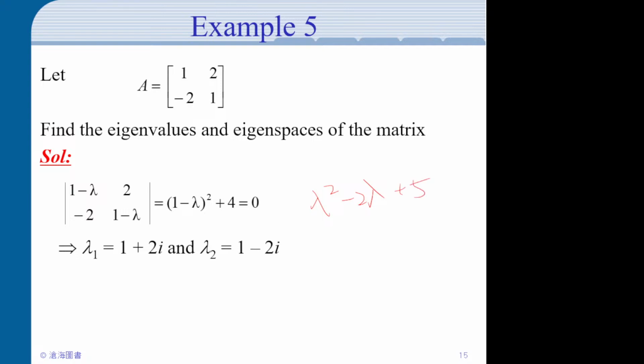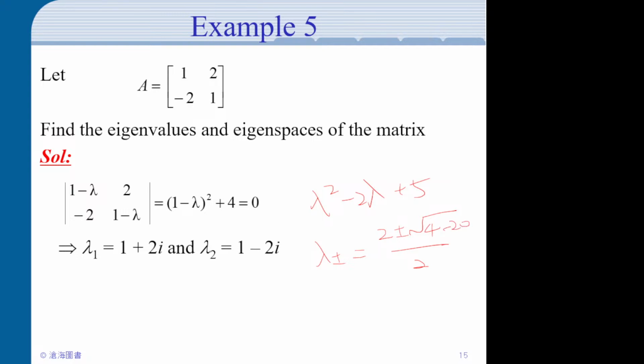Okay, and let's try to solve this a little slower. Lambda equals minus b plus or minus the square root of b squared minus 4ac, all over 2a. So 2a is 2, minus b is 2, plus or minus the square root of 4 minus 20.